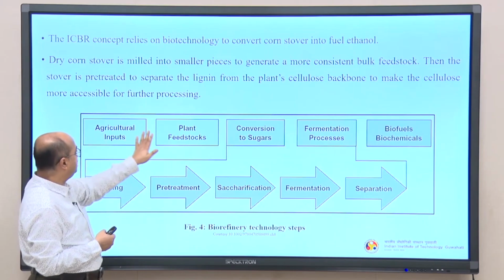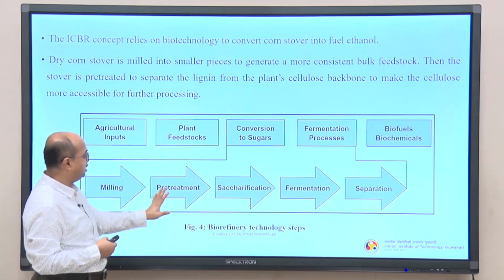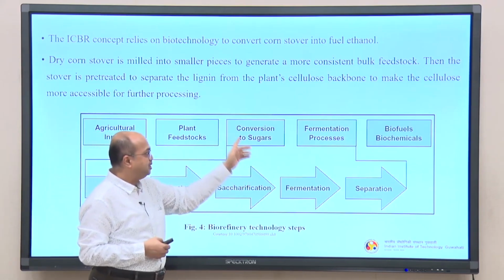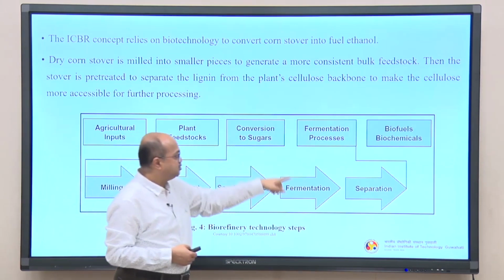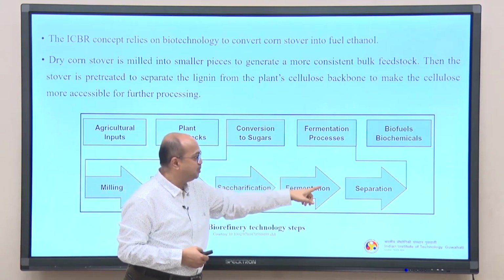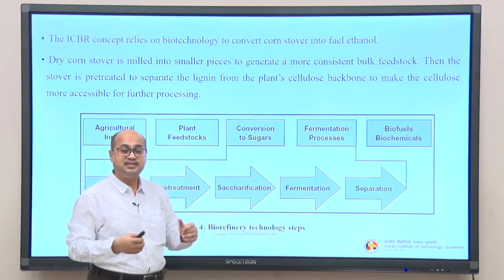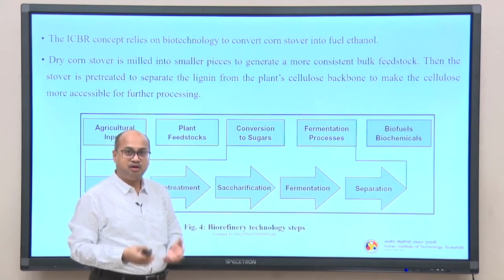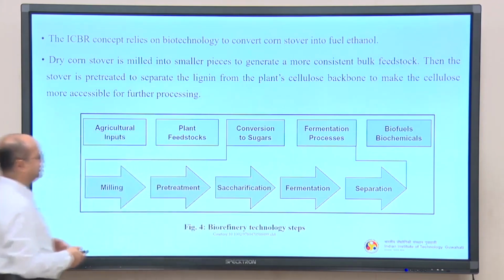You can see the agricultural inputs, plant feedstocks, which have to be milled and pretreated. The second part is conversion of sugars, so we are doing saccharification. Then fermentation will begin, and then the separation, which, as I have told you many times, is one of the most energy intensive as well as costly processes, the downstream part. So, you get biofuels and biochemicals.